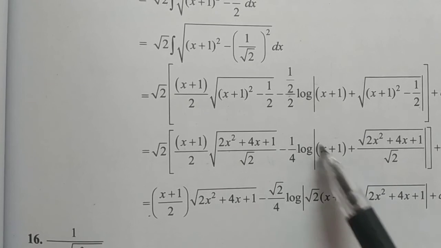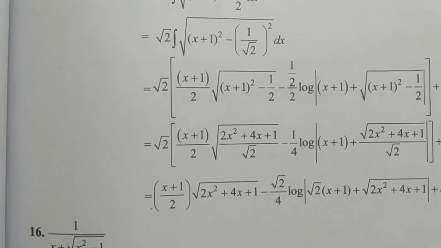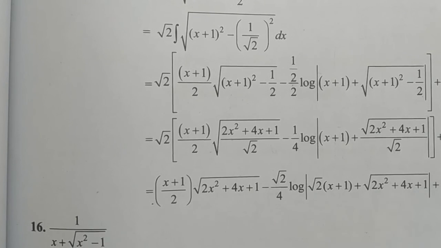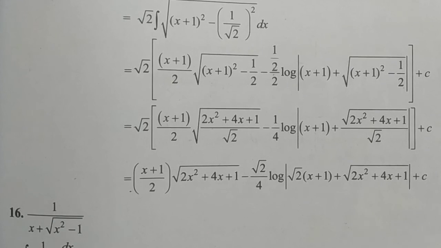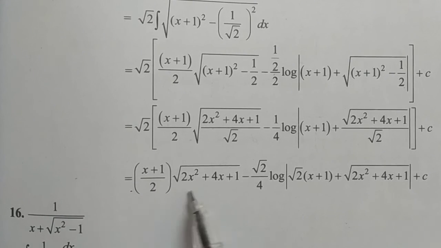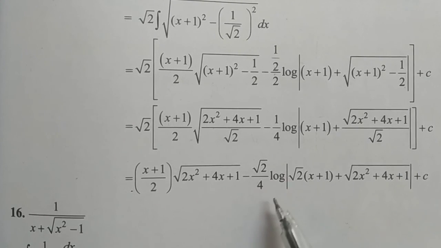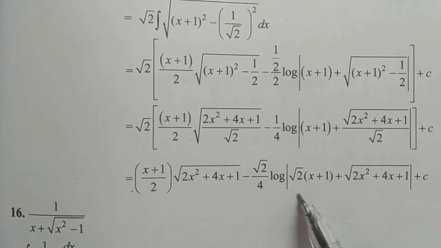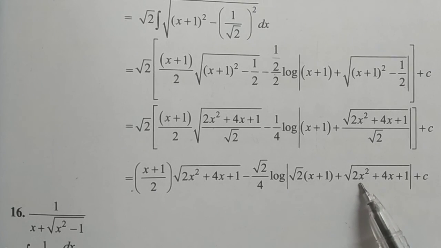Find out the LCM for this term. So finally we get the value for this one: x plus 1 by 2 square root of 2x square plus 4x plus 1 minus root 2 by 4 log modulus of root 2 x plus 1 plus square root of 2x square plus 4x plus 1, plus c.